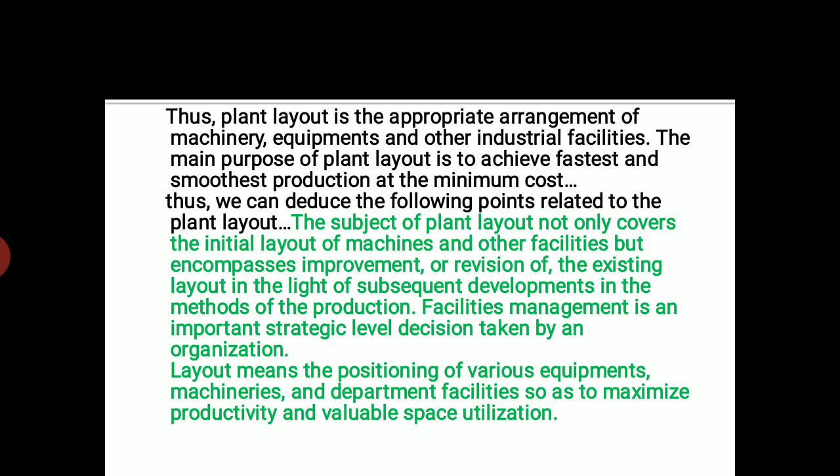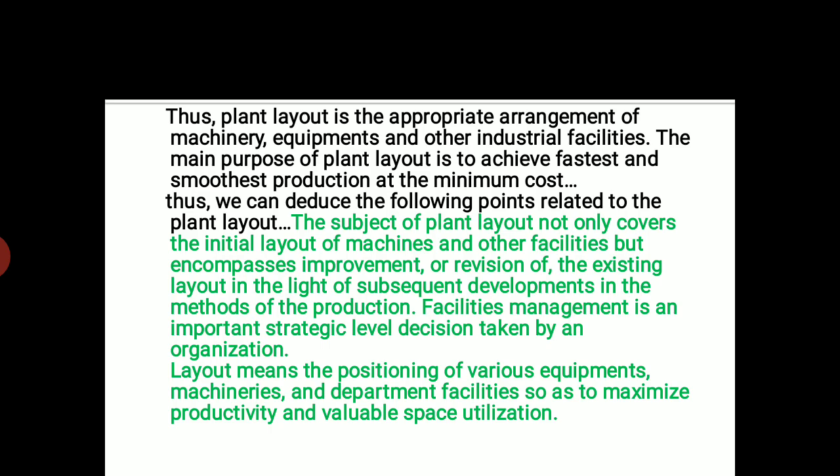Facilities management is thus an important, strategic level decision taken by the organization. So if you have decided what to produce, you have decided where to produce, and then how to produce. That means how to produce tells you how the internal arrangement should be, how the machinery and equipment should be placed so that we have the fastest, smoothest and cost effective manufacturing done.